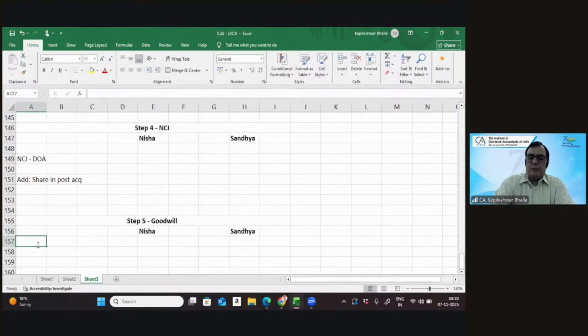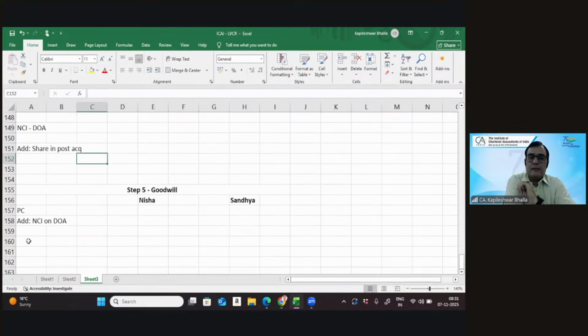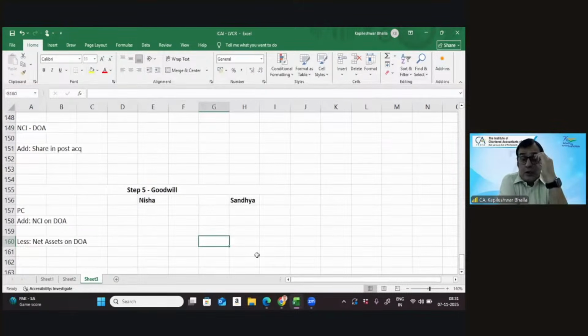This is going to be purchase consideration, add NCI on date of acquisition. We take the NCI on date of acquisition, then less net assets on date of acquisition.